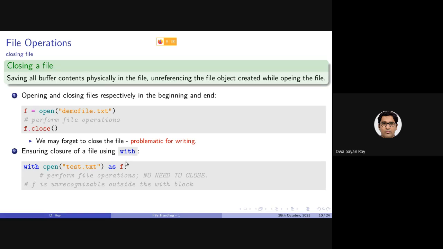Here this with code block will implicitly close the file upon the execution reaching out of this code block. Note that here f equals open, and here with open as f, this is the same as f equals open this.